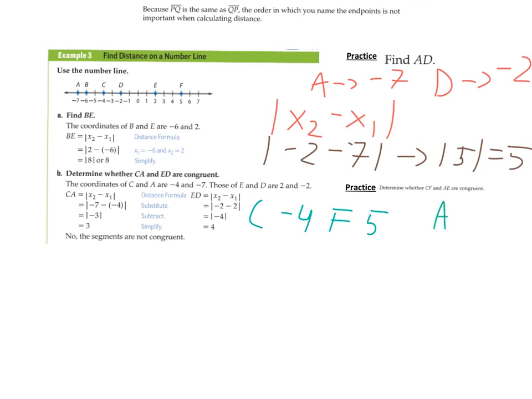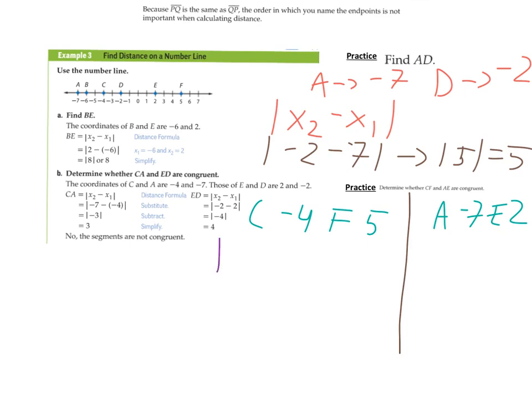Our A value is -7. And our E value is 2. All right, so we're going to do our split here. And if they're congruent, both sides should be equal to each other. So, set things up.